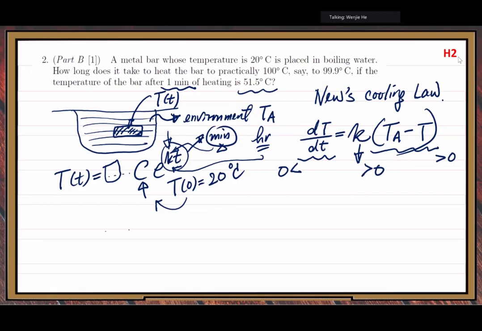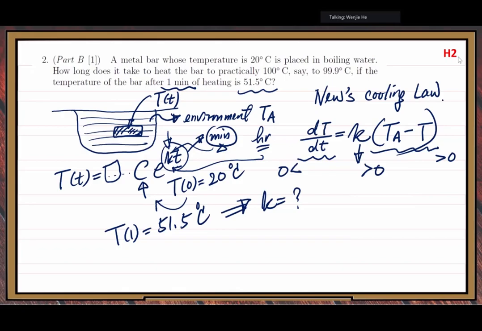So you use that way. T of 1 equals 51.5, so you can find that little k. Then the last step, pretty obvious.